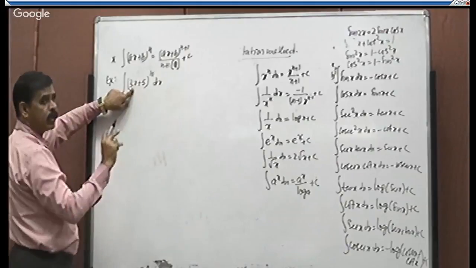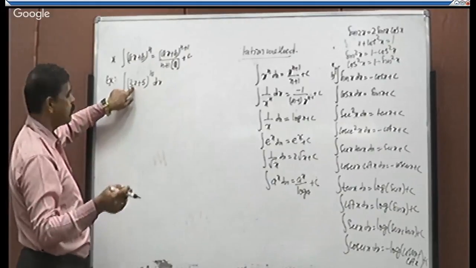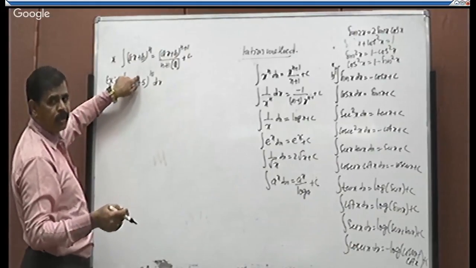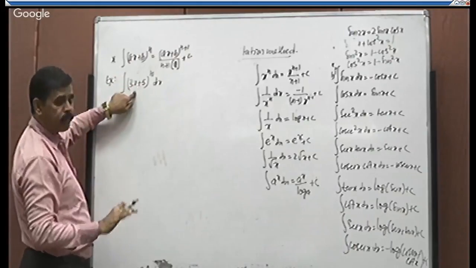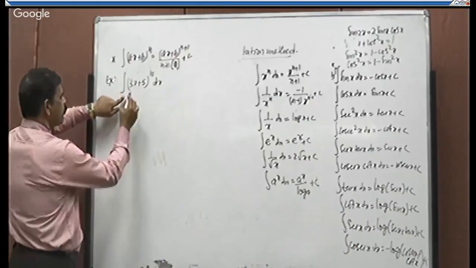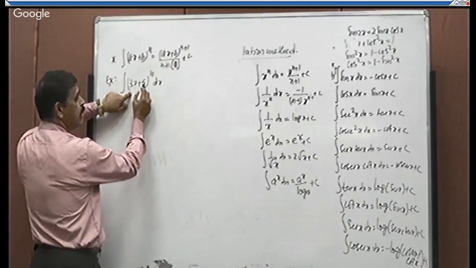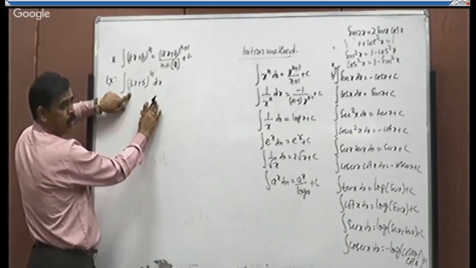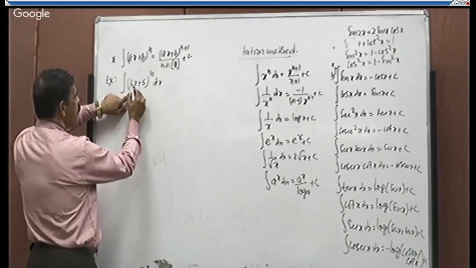See, x should have only the power 1. If it is having x square, it will not work. Instead of this, if I take 3x plus tan x, it will not be applicable. Very important, right?